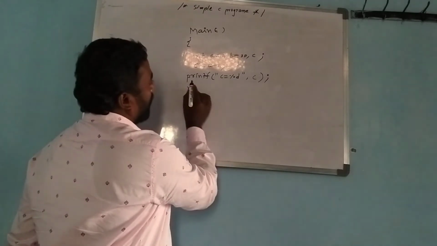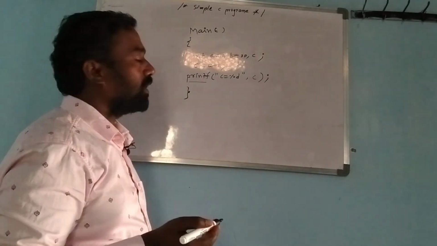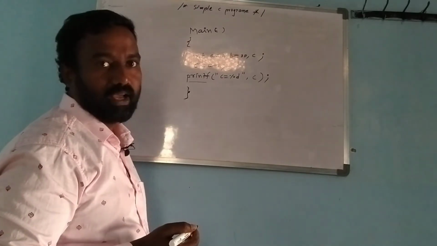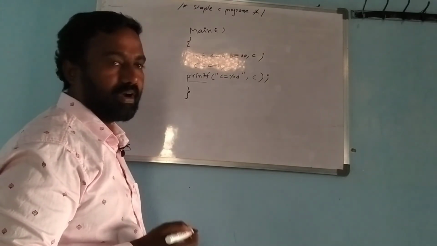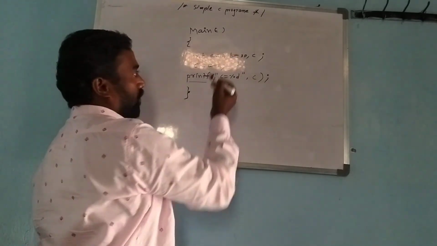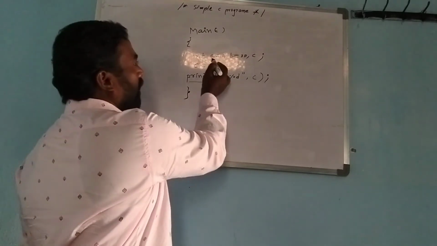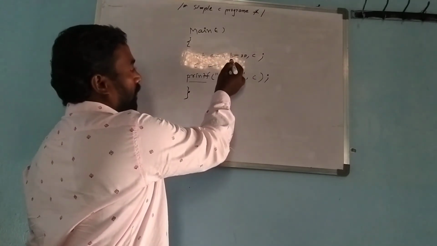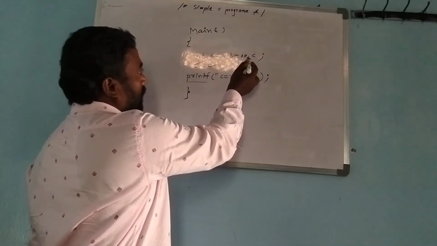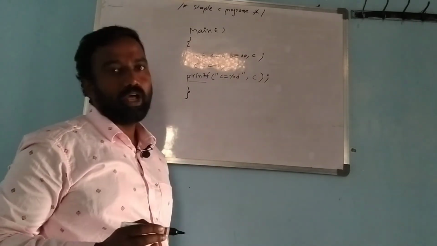So printf means print the value, the c variable related value. Here a is called a variable, b is called a variable, c is called a variable. The a variable contains the value 10, the b variable contains 20, and c contains the a plus b related value.